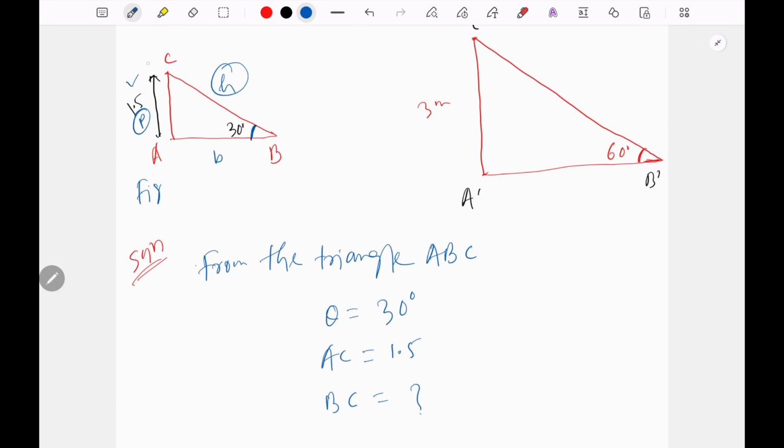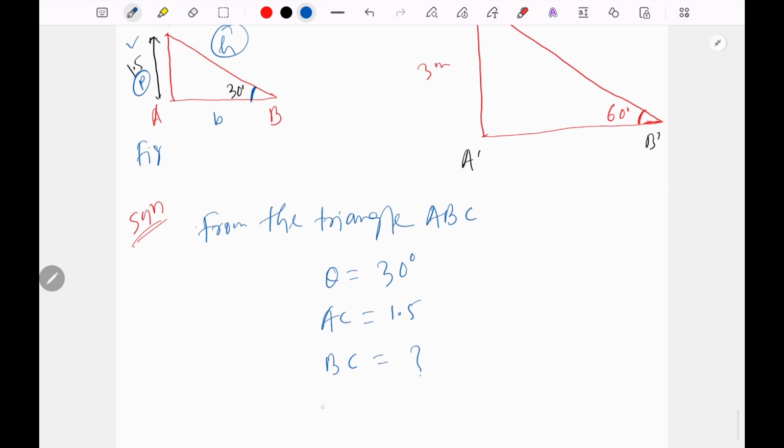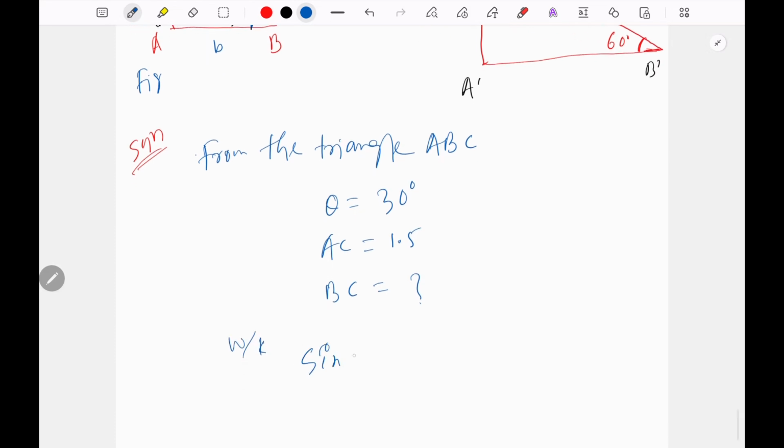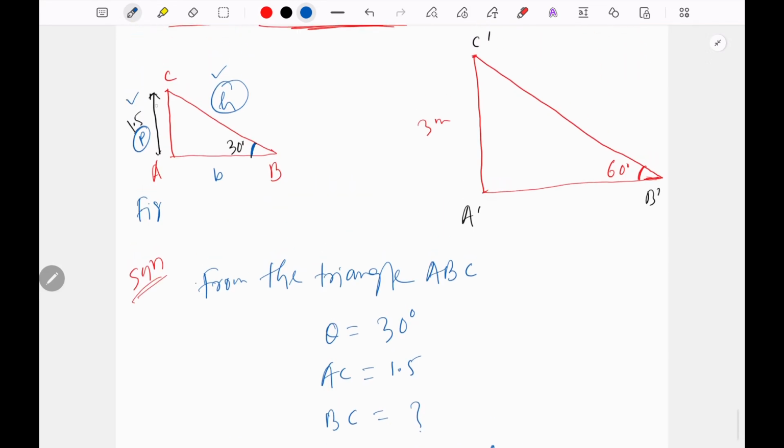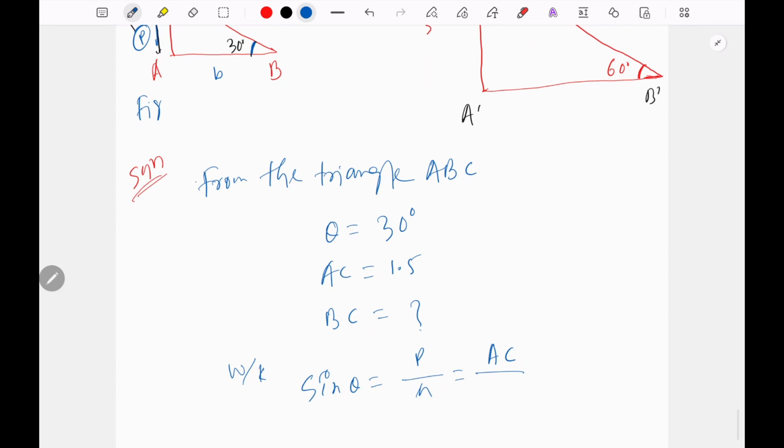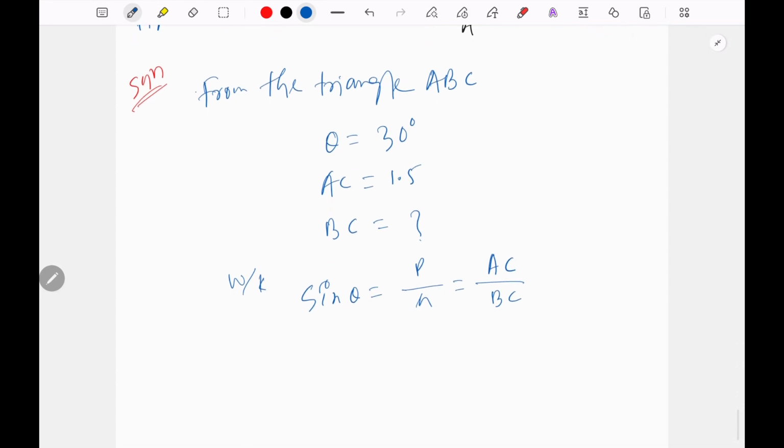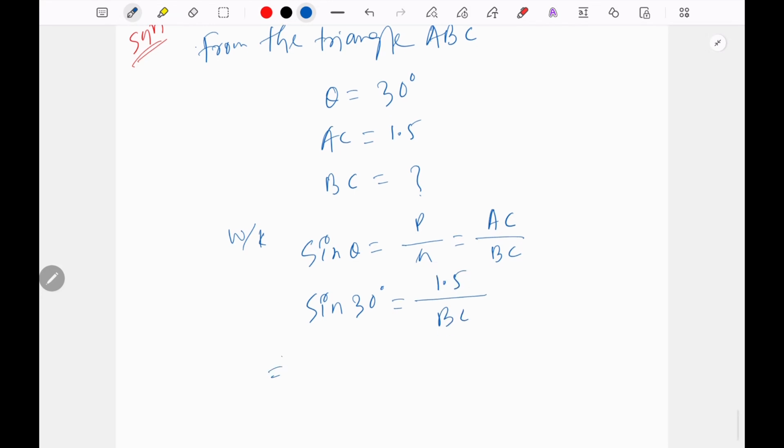What is the relation between P and H? We know sin theta is equal to P by H. P is AC and H is BC. So sin 30 degree equals AC by BC, AC is 1.5 and we need to find BC.